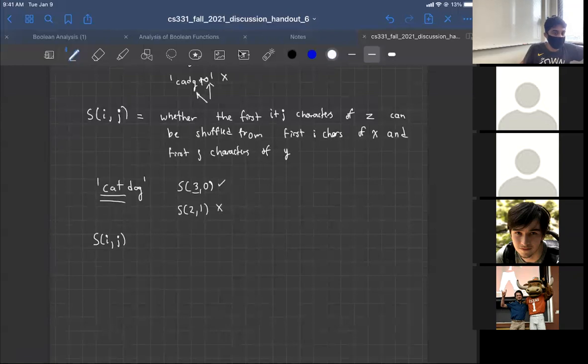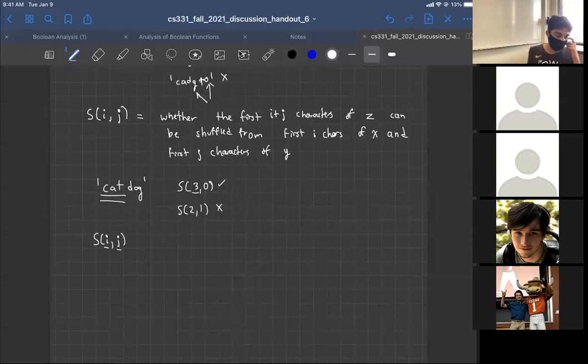It must either come from X or it must come from Y. That's true about every character of Z. But we have this information about the first I characters of X and the first J characters of Y. So therefore, the I plus jth character of Z must come from either the exactly ith character of X or the jth character of Y. Does that make sense? Because if it came from an earlier character, then it would be out of order pretty much, right? Does that make sense?